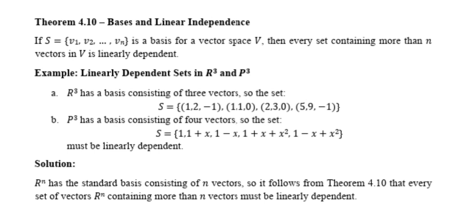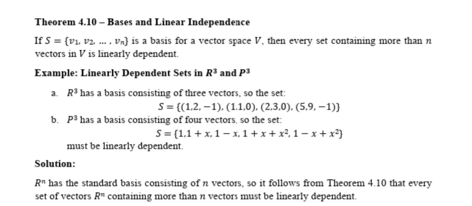A. R^3 has a basis consisting of 3 vectors, so the set S = {(1, 2, -1), (1, 1, 0), (2, 3, 0), (5, 9, -1)} must be linearly dependent. B. P^3 has a basis consisting of 4 vectors, so the set S = {1, 1 + x, 1 - x, 1 + x^2, 1 - x + x^2} must be linearly dependent.